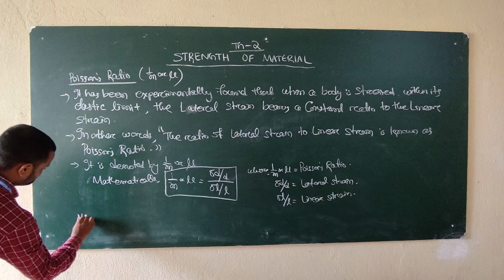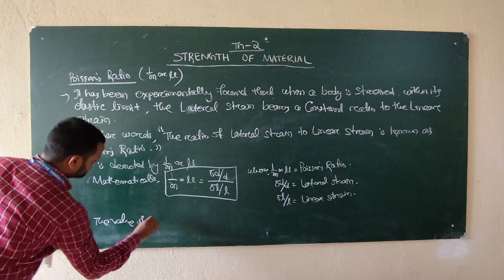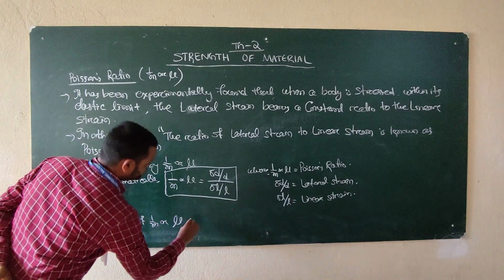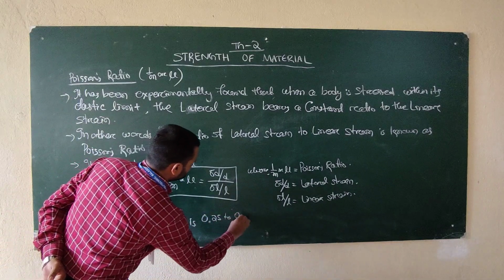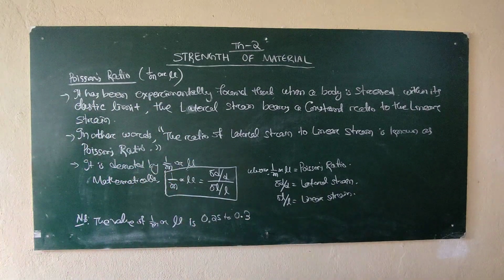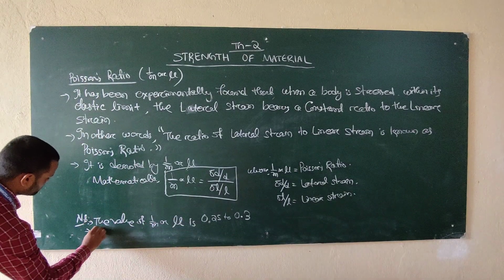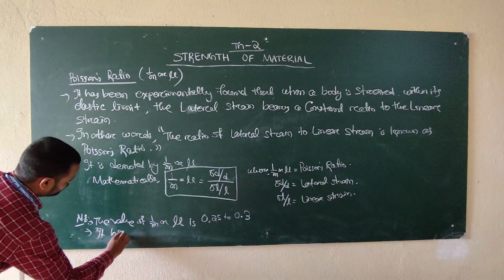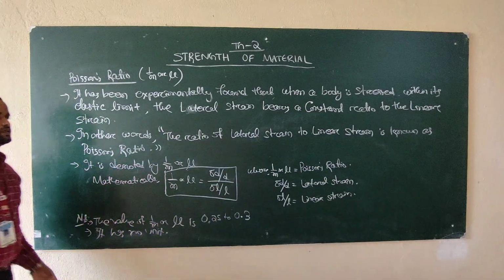Another note point: the value of 1 by m or mu is 0.25 to 0.3, and it has no unit. Write down this.